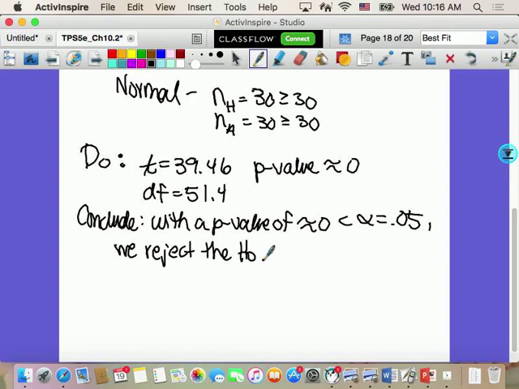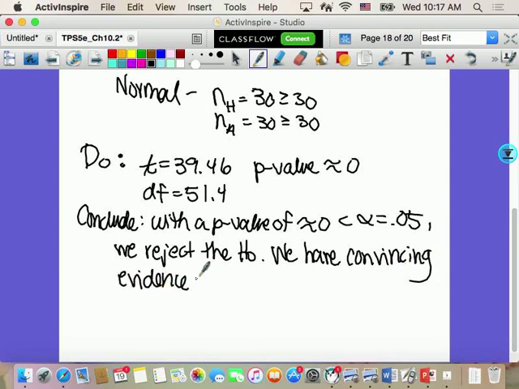What do we do after we reject the H0? We have significant evidence. Significant would be fine, but we're going to say convincing. We have convincing evidence that what? The difference in the decrease of circumference is greater for helium.